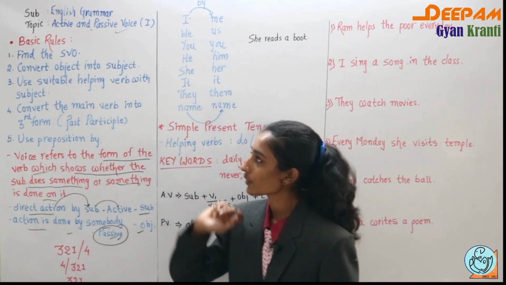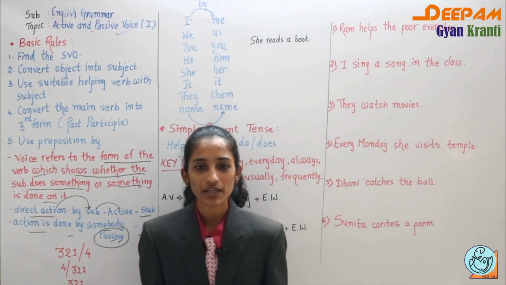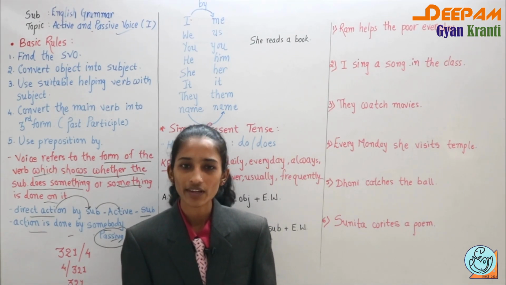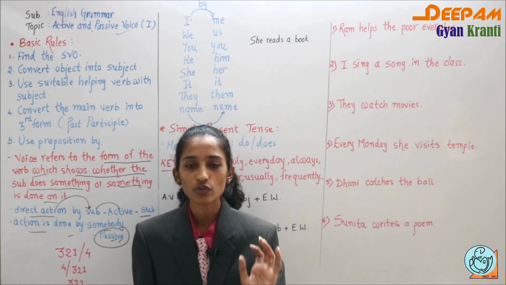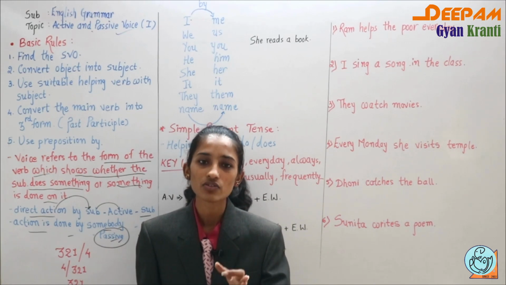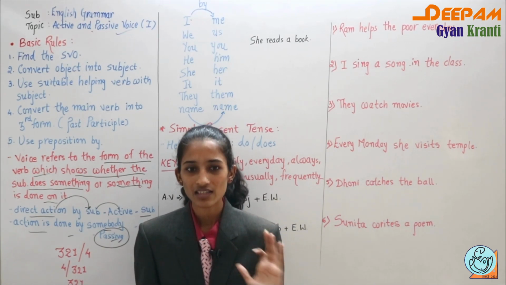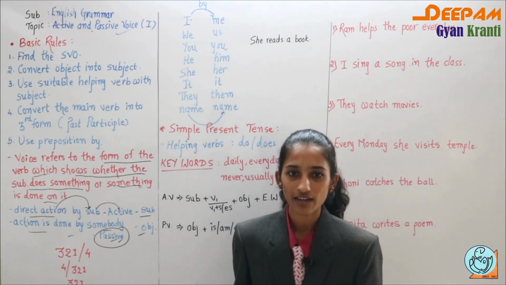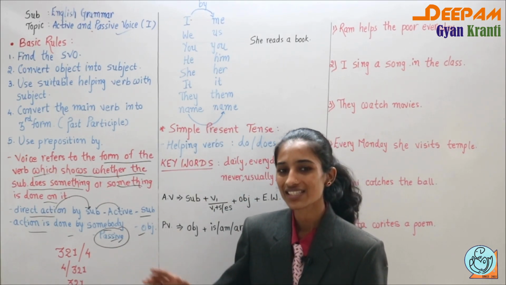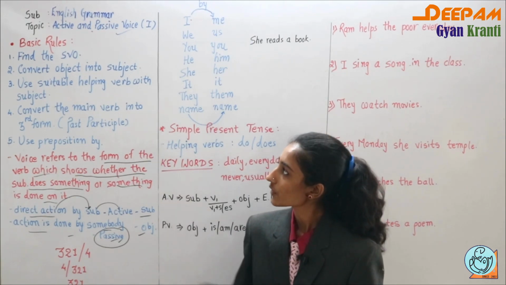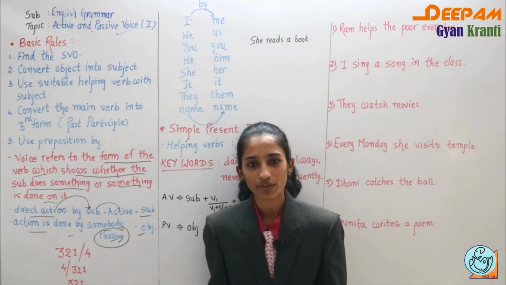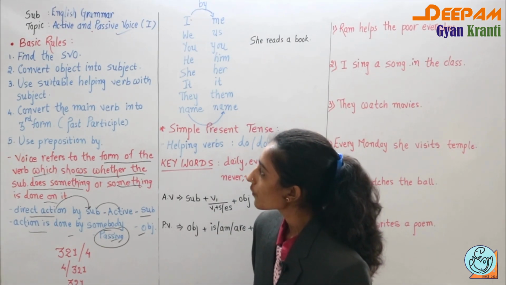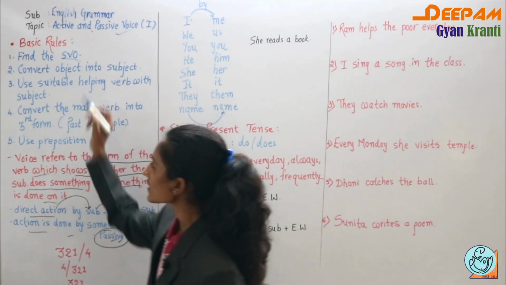Now before we start active and passive voice, some of the most important rules are there, and you have to follow them, otherwise you cannot change the particular sentences into the given voice. Generally five rules are there, and they are very important. Before we start the simple present tense, let's first take a look at the basic rules of active and passive voice. The first rule is to find SVO.